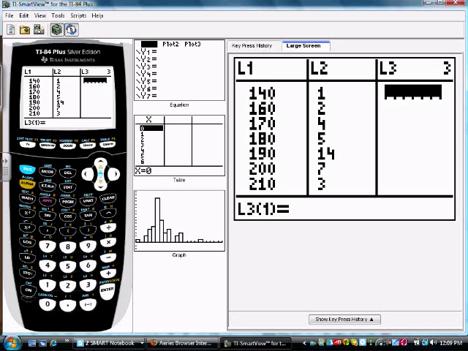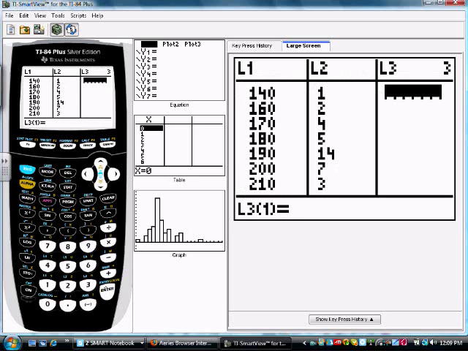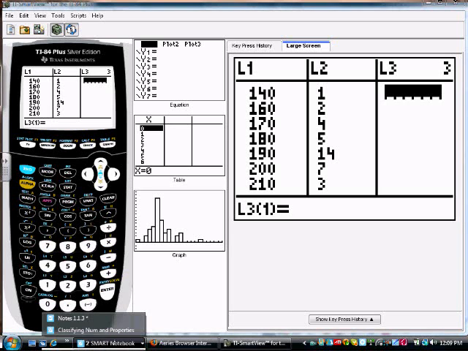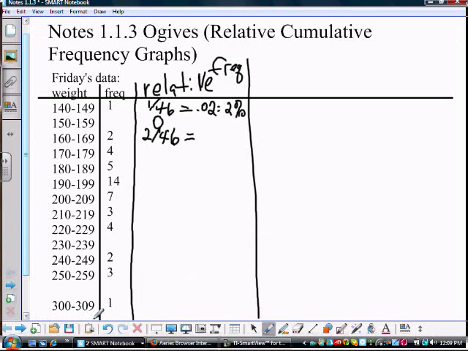You hit Stat, and then Edit. I think the numbers are probably easier to see on this page.